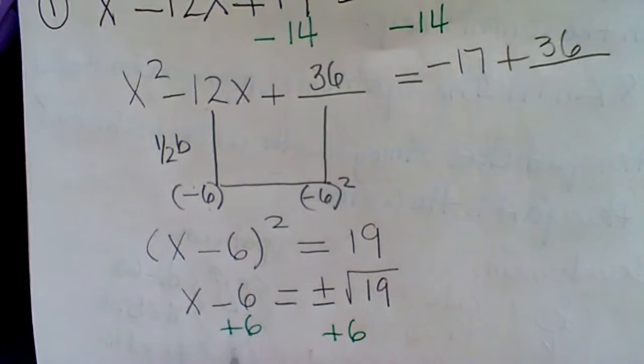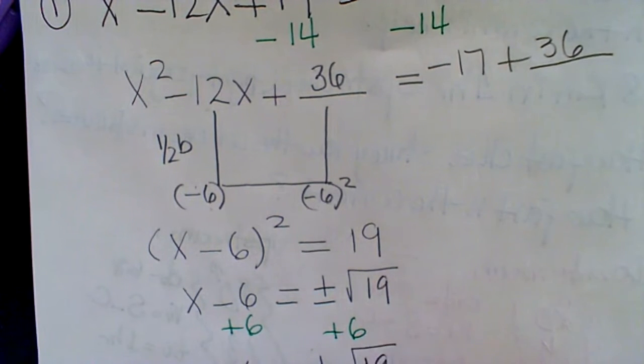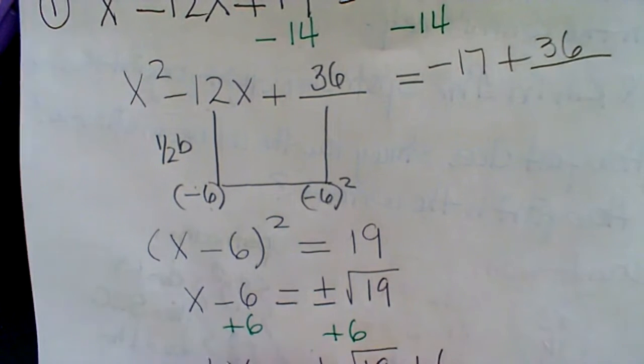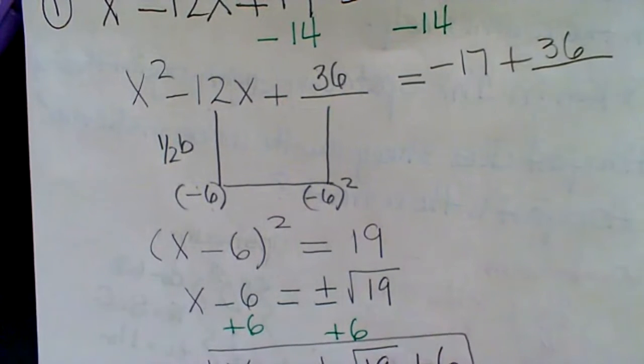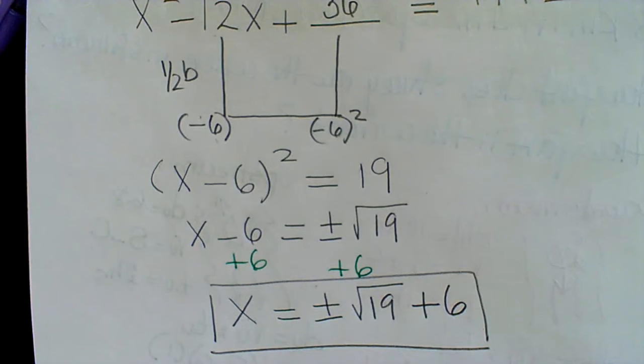So my answer is going to be x is equal to what? Plus and minus the square root of 19 plus 6. In this particular case, we cannot do anything else. We're solving the quadratic equation by completing the square.